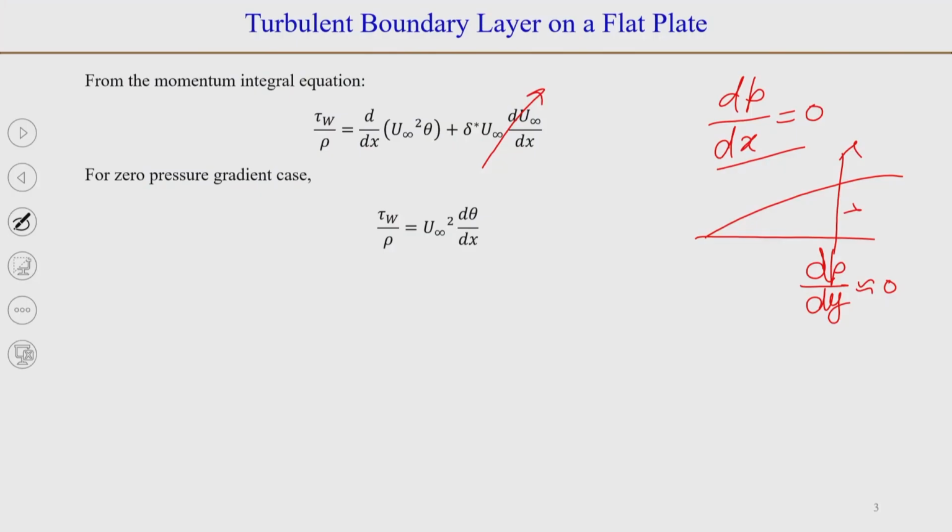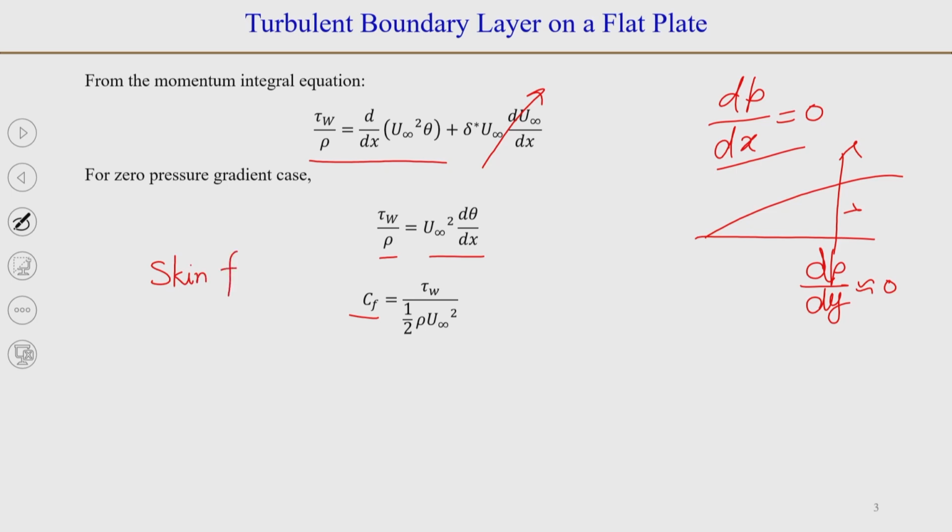Okay. So, this equation simplifies to tau w by rho is equal to u infinity squared d theta by dx. Now, we will also bring into picture the definition of Cf, which we called skin friction coefficient.